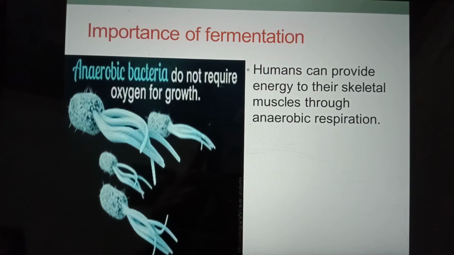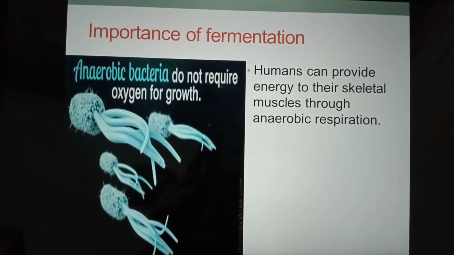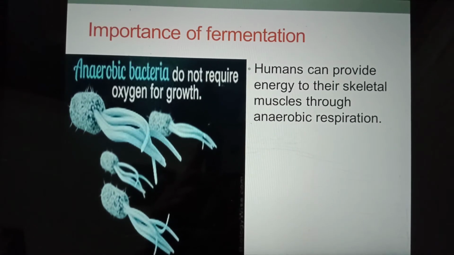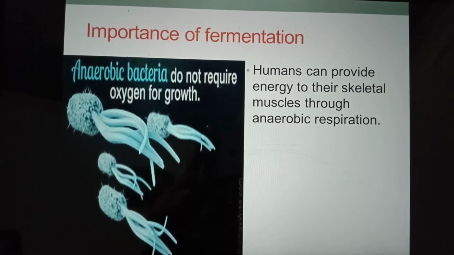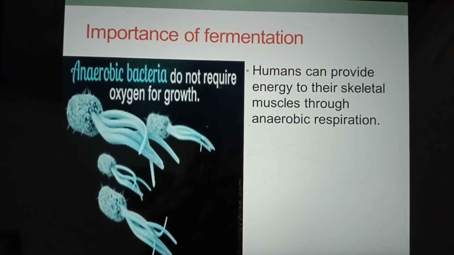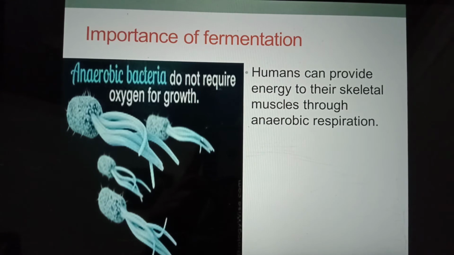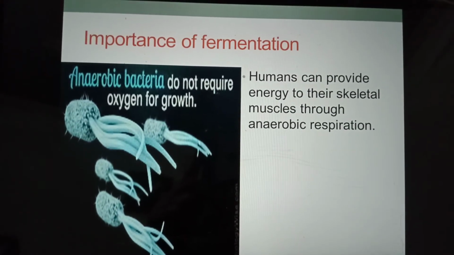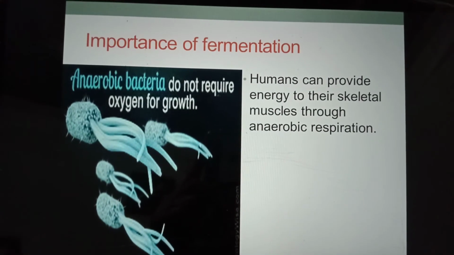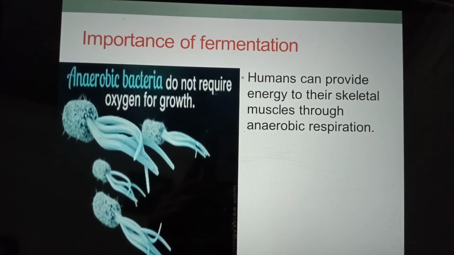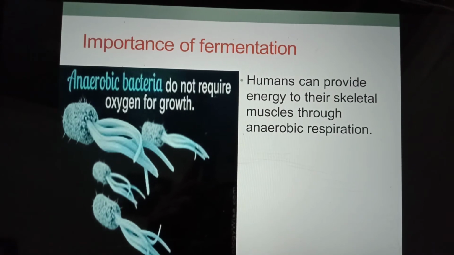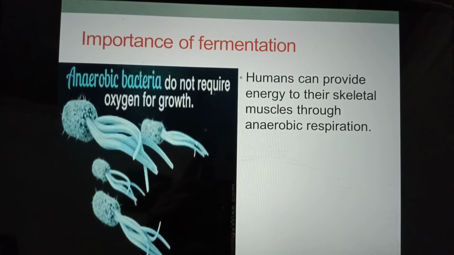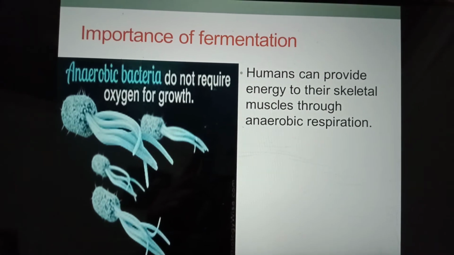Importance of fermentation. When life evolved on the earth, the early land and water habitats did not have any supply of free oxygen. In these anaerobic conditions, early organisms respired anaerobically and got energy for their life activities. Even today, when free oxygen is available, some organisms, including some bacteria and some fungi, get energy from anaerobic respiration and are called anaerobes.